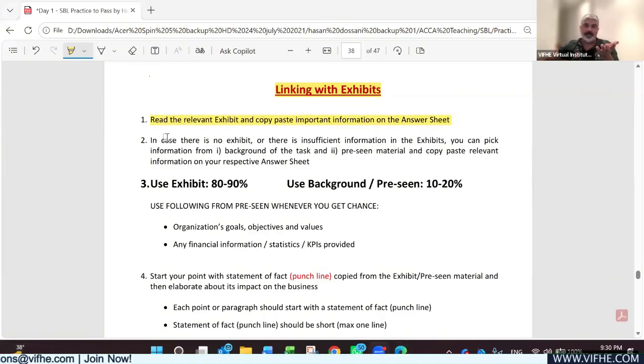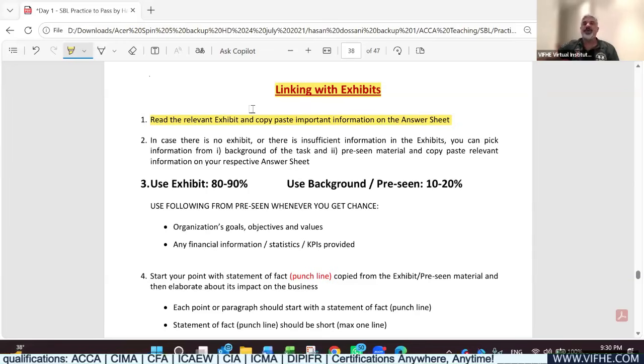All my paid batch students, you are already aware of this. We have been doing this in our practice classes, right? That we read the exhibit, we identify some statement of facts, we paste it on the answer sheet, and then we elaborate on it. Supposing there is no exhibit, then where will you get your information from?